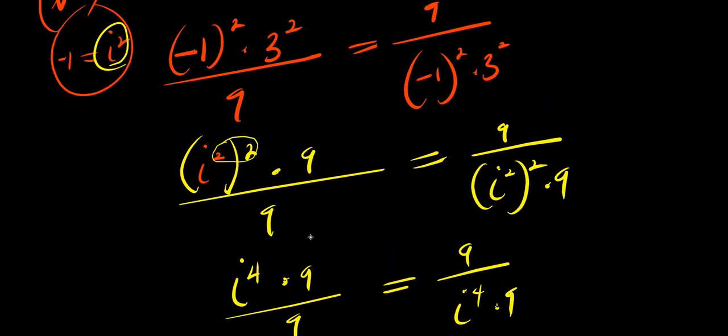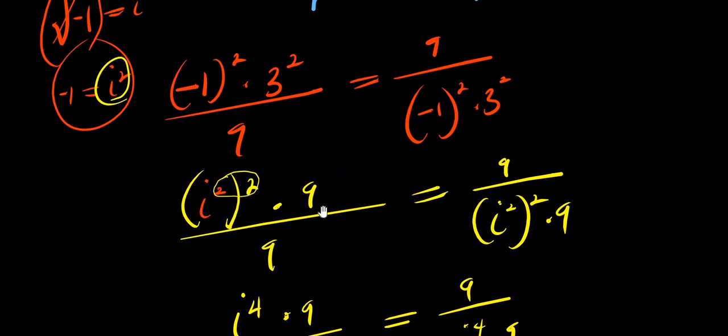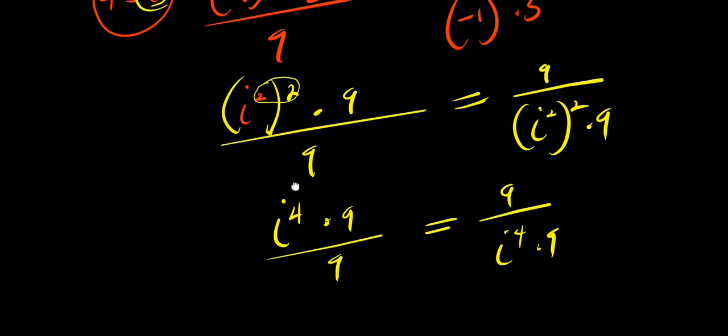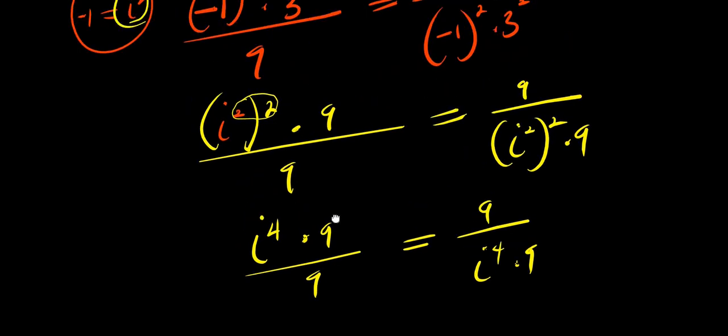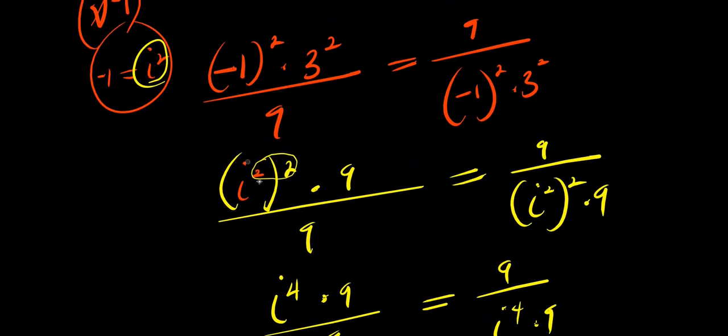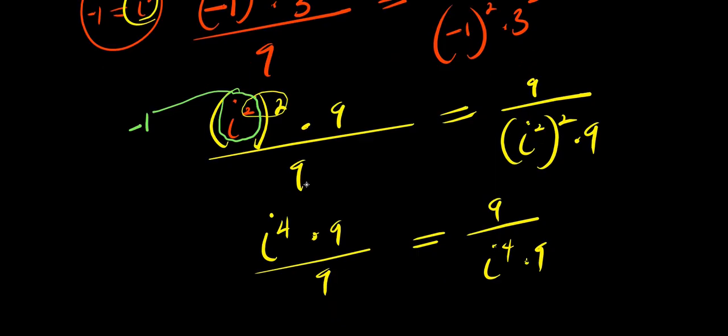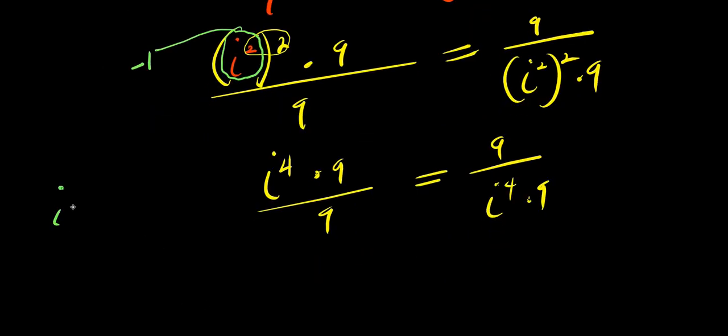And this will give you positive 1. Because even if you do it from here, I power 2 is negative 1. So negative 1 to the power of 2 will give you 1. So I power 4 equals 1.